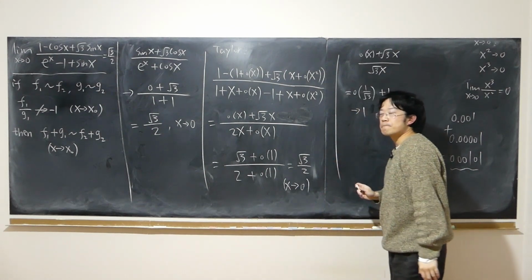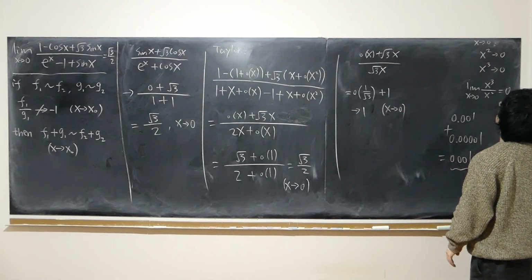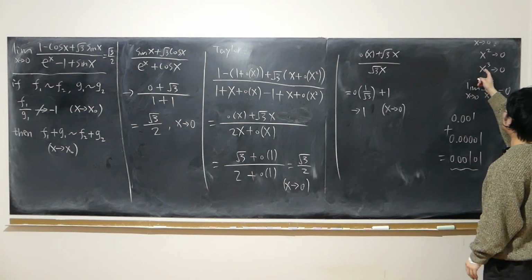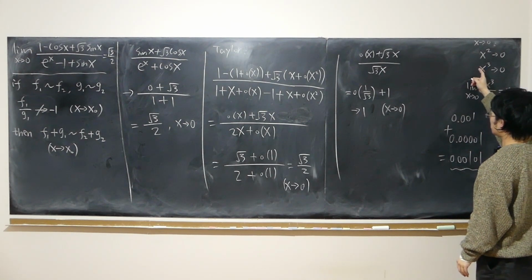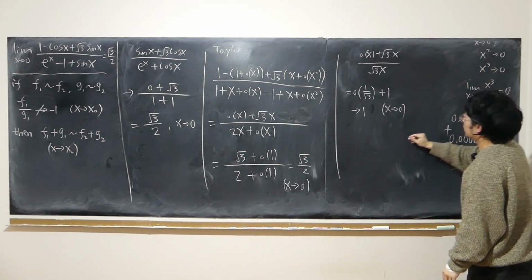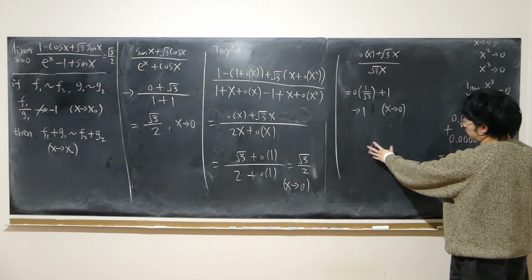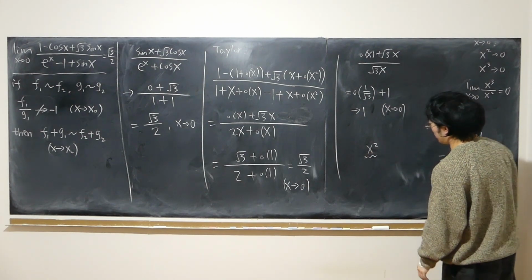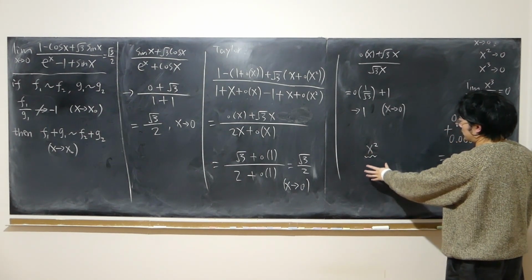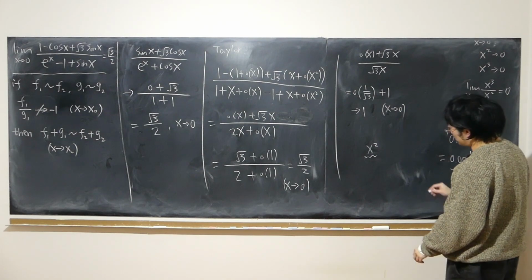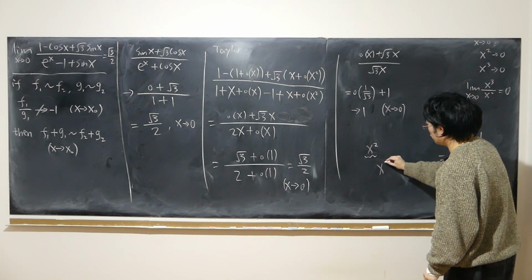But it doesn't necessarily have to be, when I'm talking about square root of x squared. In order to find some guy that's approaching 0 faster than this guy, it doesn't have to be x cubed.